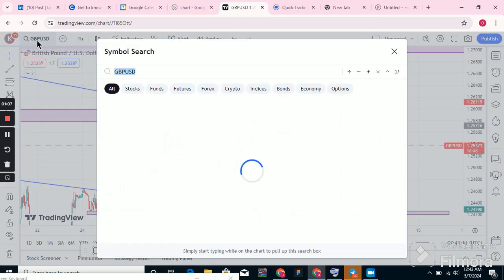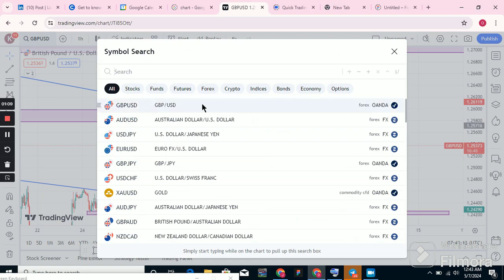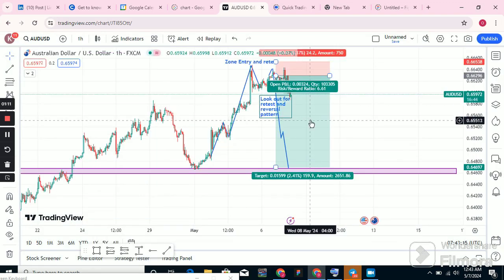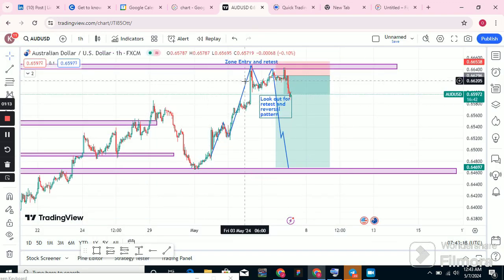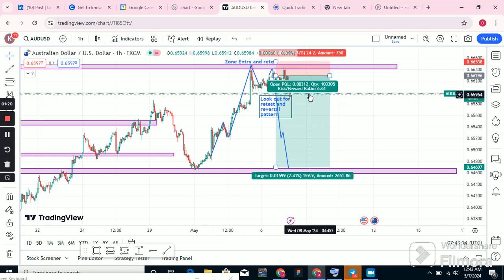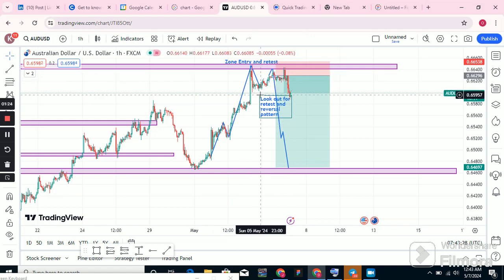Let's just check how far it went from that day. So this is it now. After the movement into the zone, we saw the pullback and then the retest, and then it had kind of an engulfing there.